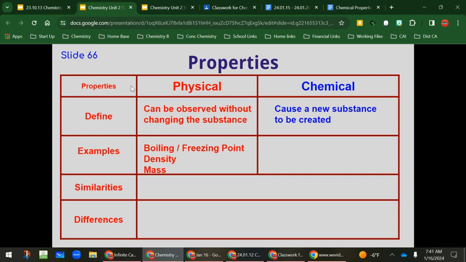Flammability. If something is flammable, it doesn't mean that it is burning, it means that it can burn. So, again, being able to tarnish or rust. Something that can corrode or is corrosive. Something that is toxic. Those are all chemical properties. Things where a new substance will be created, ladies and gentlemen.